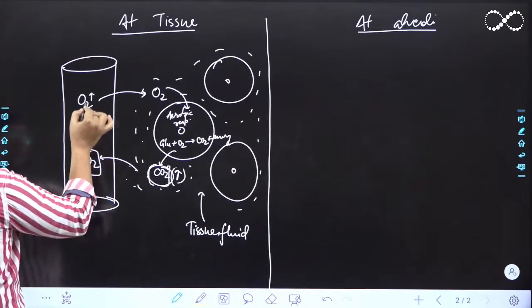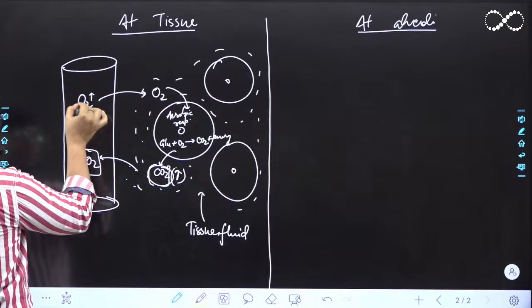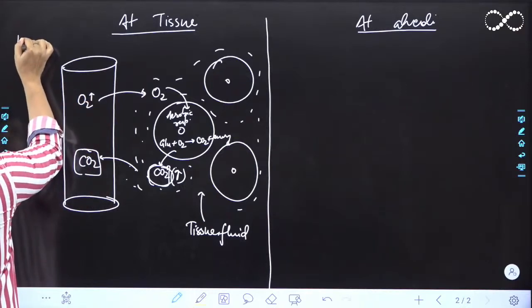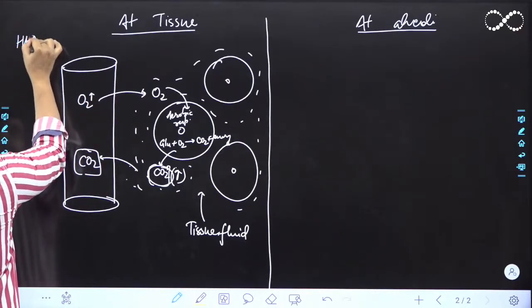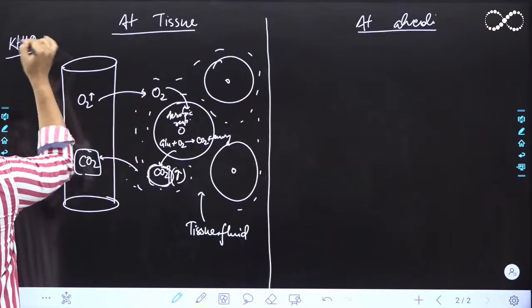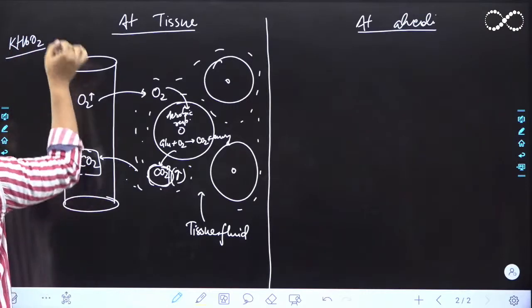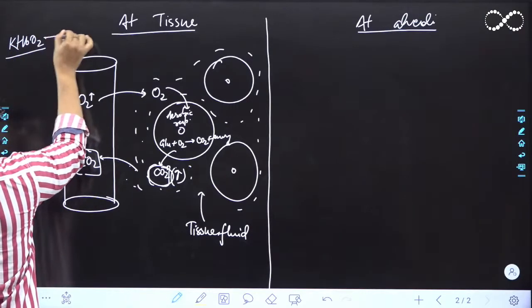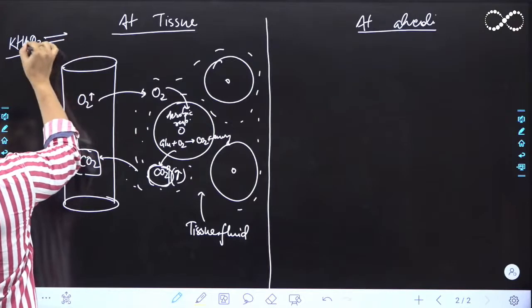Now, remember one thing: 97% of this oxygen is bound to hemoglobin, in the oxyhemoglobin form. So at the tissue level what is required is this HbO2, or oxyhemoglobin.